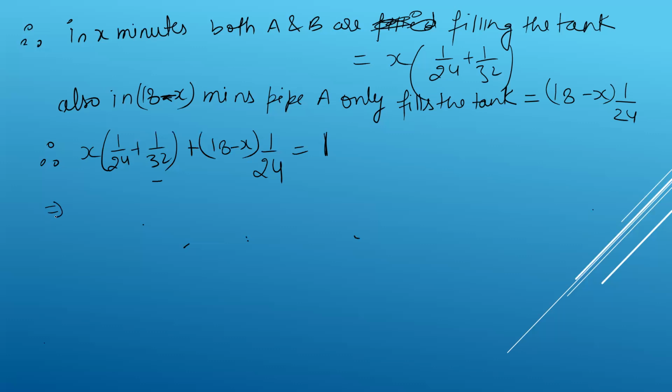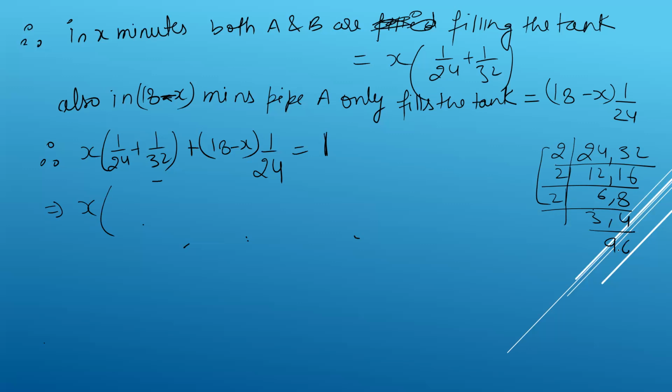Now let's quickly solve it. Let's take the LCM of 24 and 32. We get 2, 12, 16, then 2, 6, 8, and again 2, 3, 4. If you multiply them all, you will get 96. So the LCM of 24 and 32 is 96.